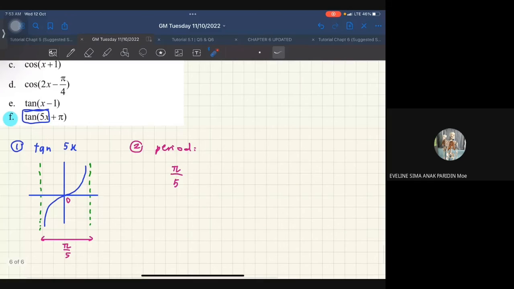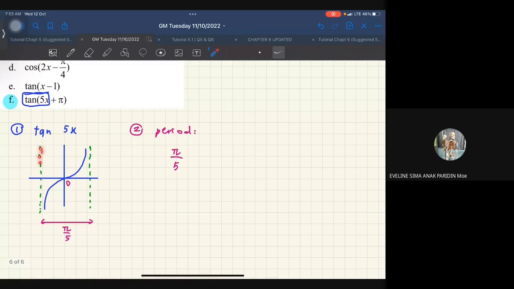Right, my question is, can we find the value here? And here, what is the value? Do you guys have any idea? What is the value there? Negative pi over 10. Negative pi over 10, exactly. So how do we find negative pi over 10?